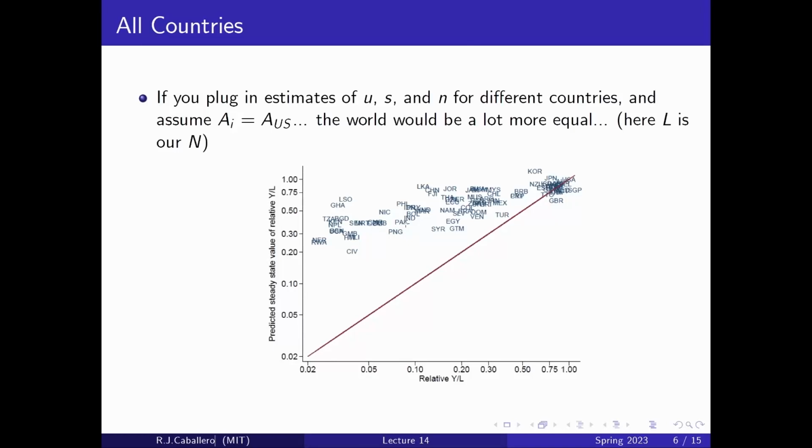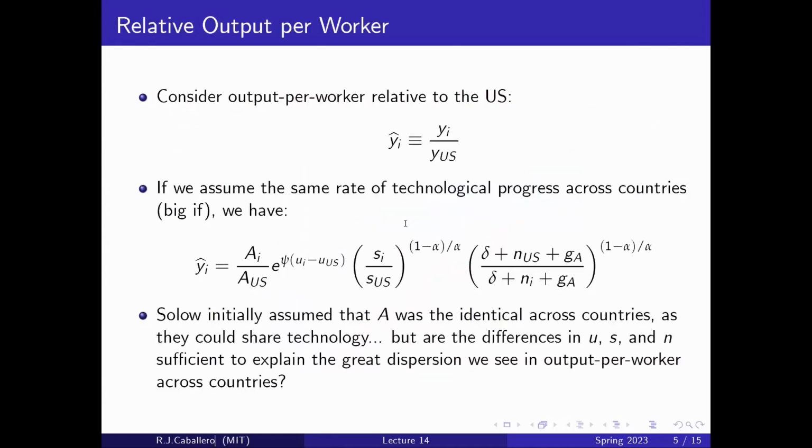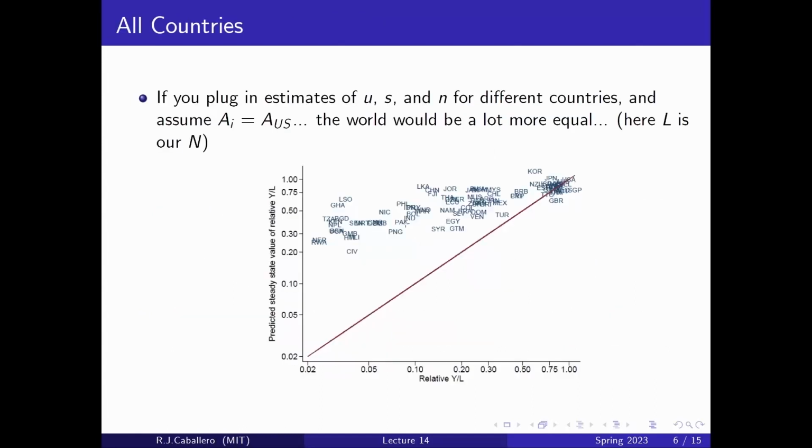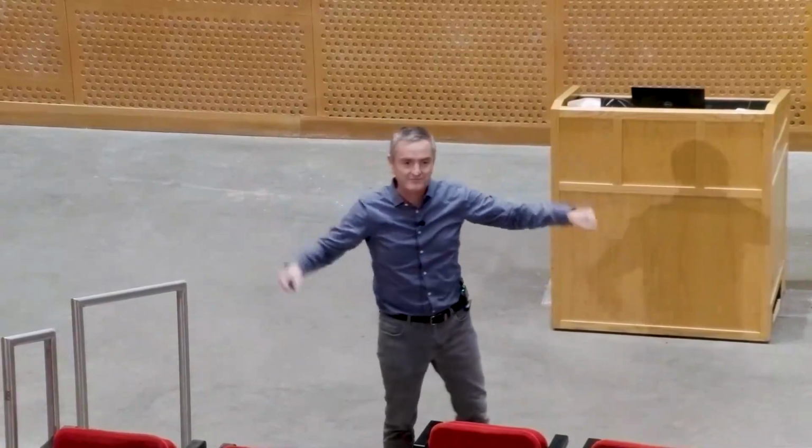A key thing that I forgot to measure is years of schooling. If a country has more years of schooling, it will tend to have a higher income per capita. So if you try to explain the differences in income per capita across the world using variables like years of schooling, difference in saving rate, difference in population growth, and so on, the world would be a lot more egalitarian than it actually is. It would look a lot flatter.